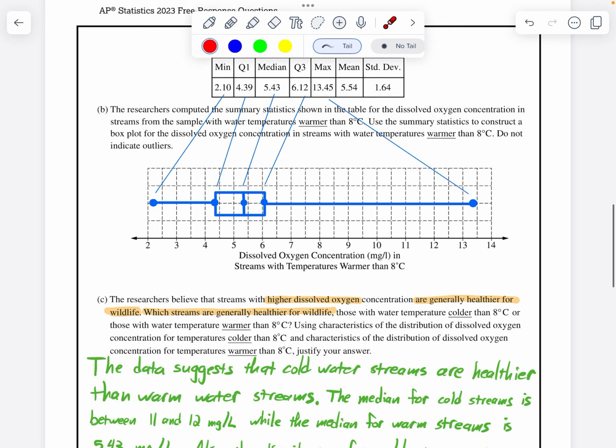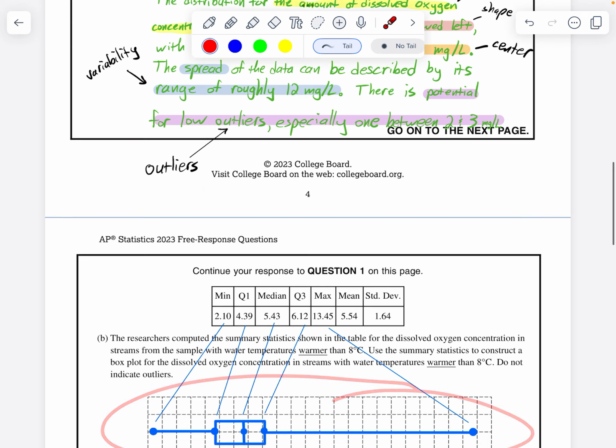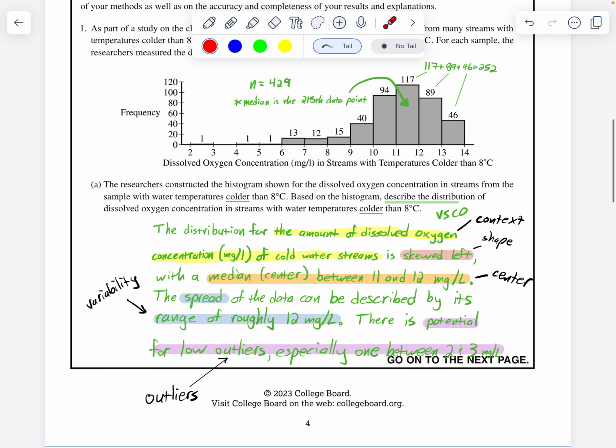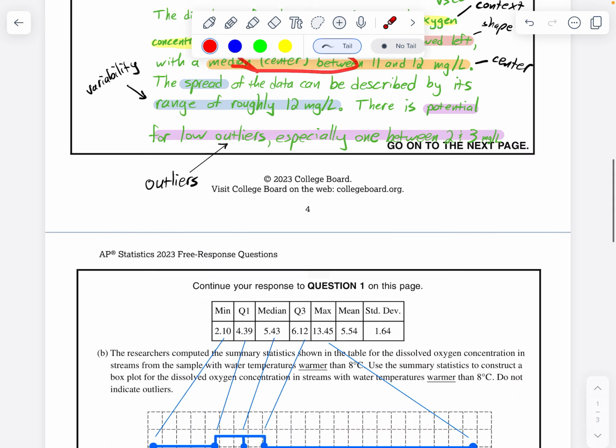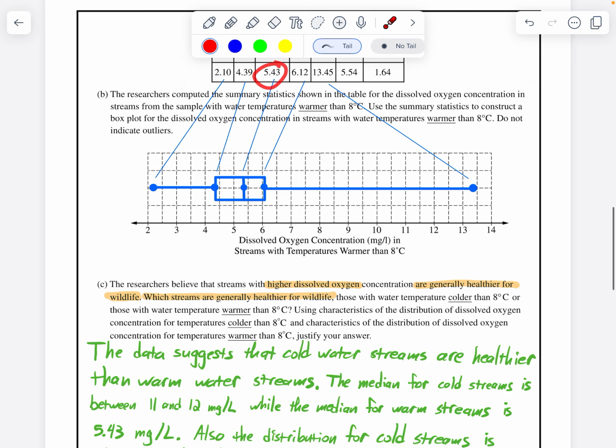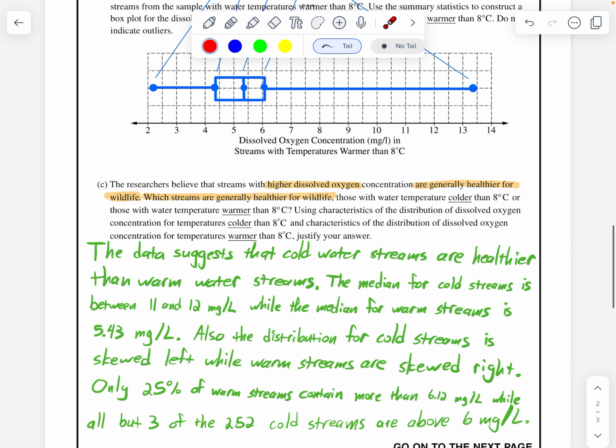So you're comparing this box plot to this histogram to see which one generally has higher amounts. So my mind immediately goes to the centers. So here my center was between 11 and 12. Here, where's the center? It's 5. I mean, you could just say that, and I did.